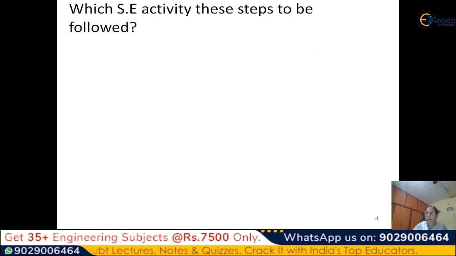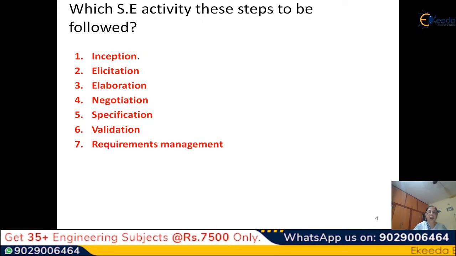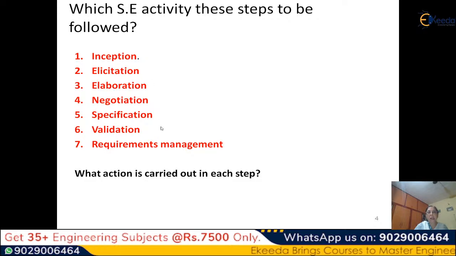So let me see, what is this? Which are the steps to be followed? Inception, elicitation, elaboration, negotiation, specification, validation, and management. These are actually the steps for requirements engineering.